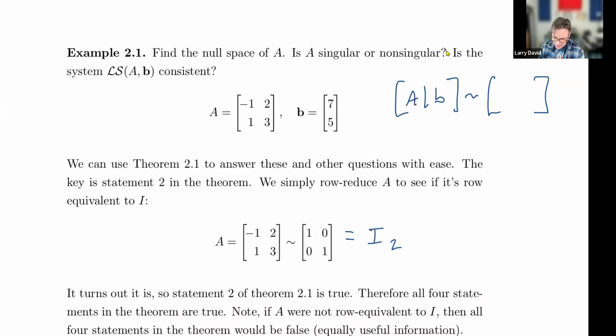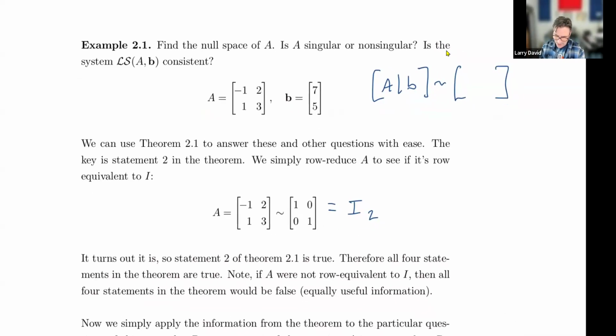Later we'll talk about different properties that matrices can have in module 3, and we might ask if A is Hermitian or something like that, and theorem 2.1 won't tell us that. But part of the key to answering questions in this class is to figure out what theorem or properties to use to answer the questions. And once we figure that out, it's often pretty simple.